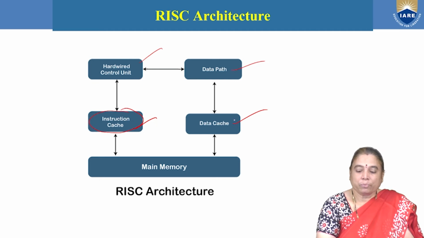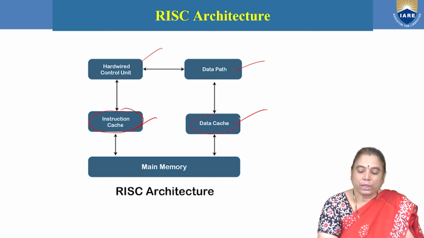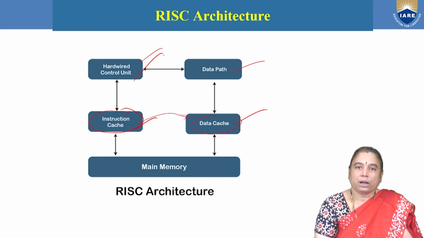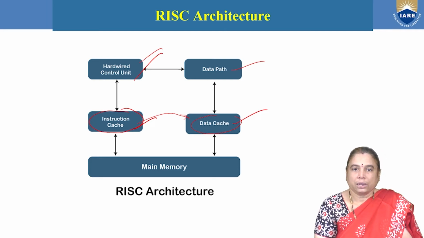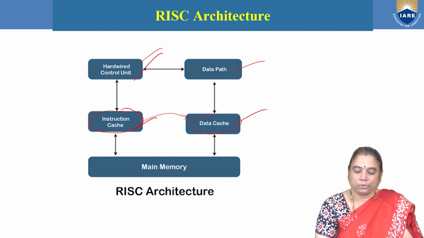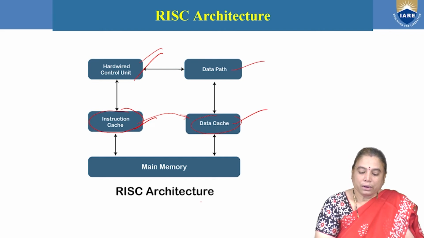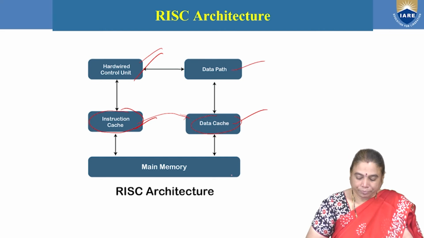Data can also be put in the cache. The frequently accessed data can be put in the data cache, so that the instruction and the data on which it is going to be executed are both readily available for the hardware control unit, and the instruction execution time can be greatly reduced. So this is the RISC architecture.